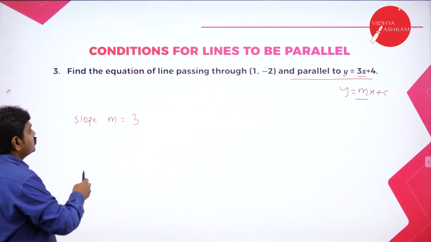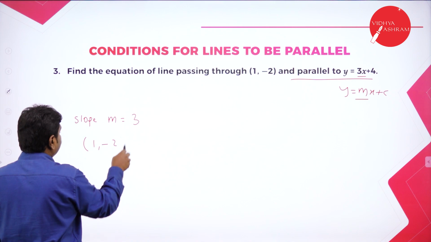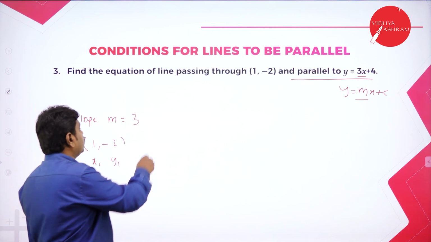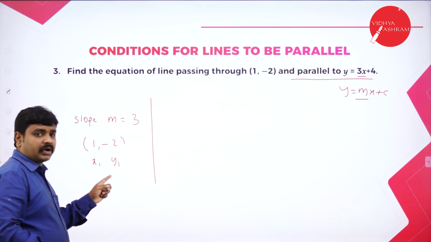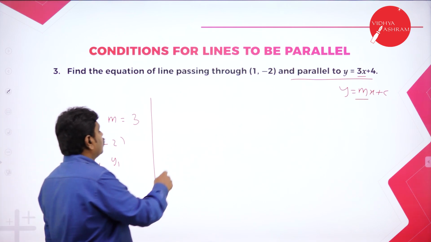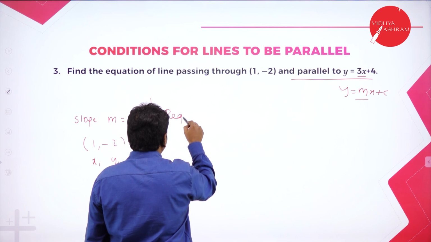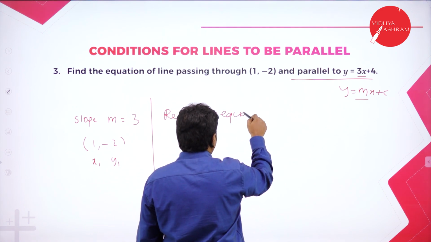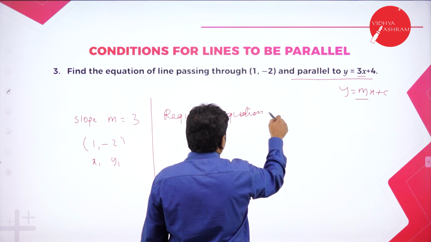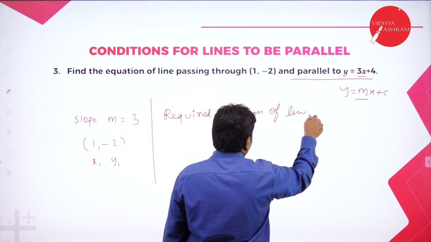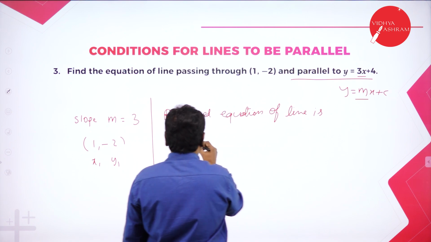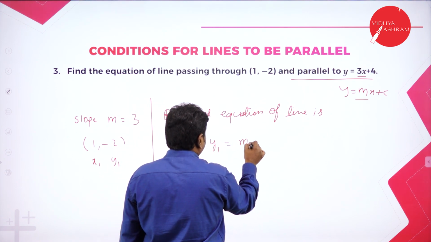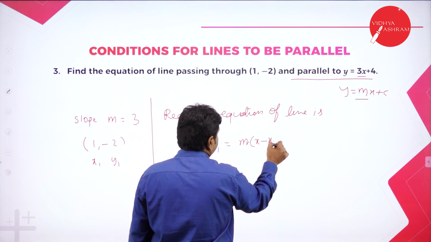Now it passes through a point. It passes through 1 comma minus 2. So x1, y1 is the point. Now what is the equation of the line? You know the slope and you know the point, so you can use point slope form. So the required equation of the line is y minus y1 is equal to m into x minus x1.